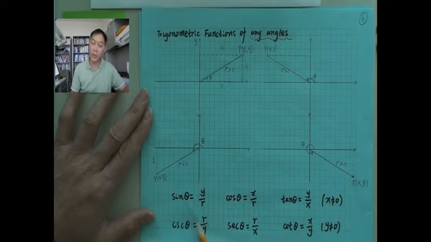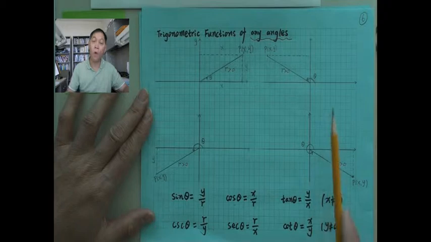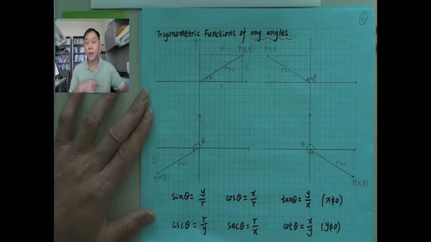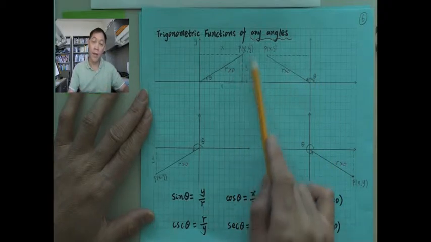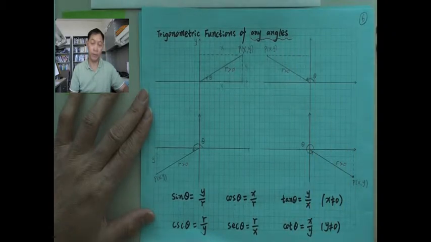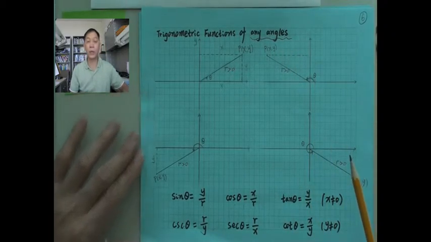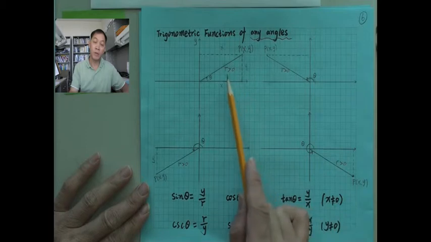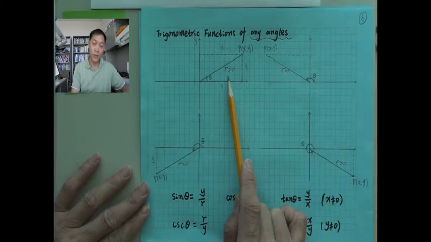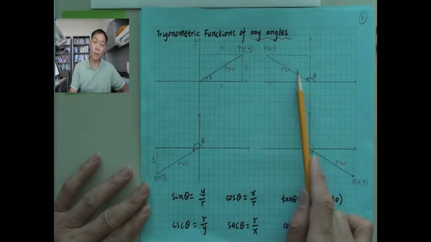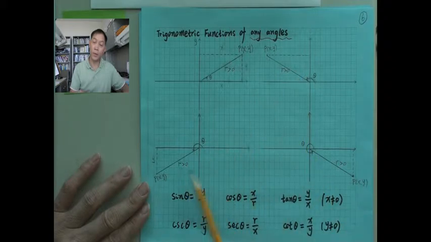So this is the general definition for any angles. We actually extend our definition from the first quadrant to quadrants 1, 2, 3, 4.